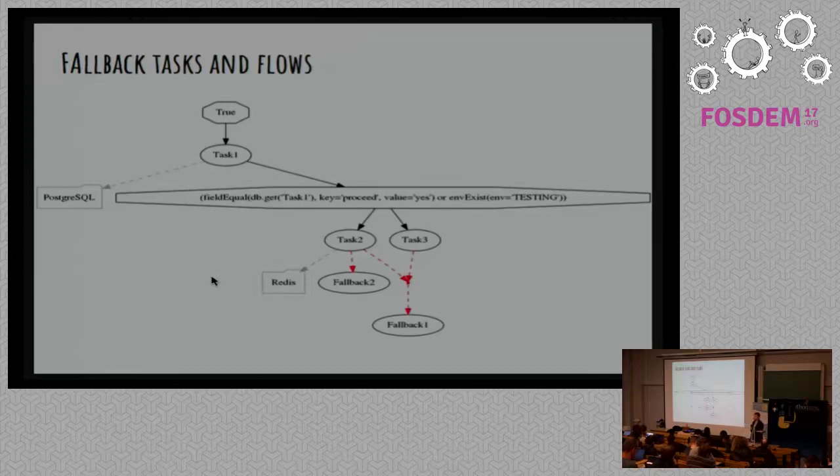So the question was if there's some dependency between task 2 and task 3 failure, and when the fallback is run. In this particular scenario, Selinon will take care of it. It will wait for all tasks to finish, and after they finish, it will look, hey, I have some failure, and can I recover from it? So if task 2 fails, and task 3 is still running, we wait for task 3 to finish.